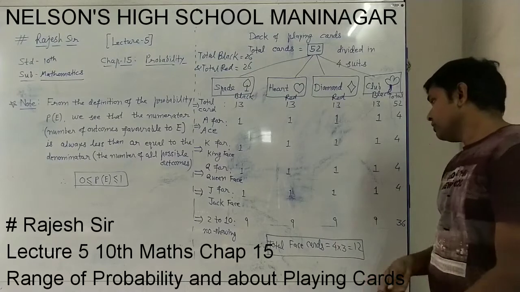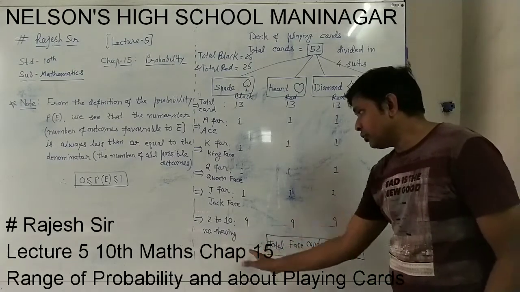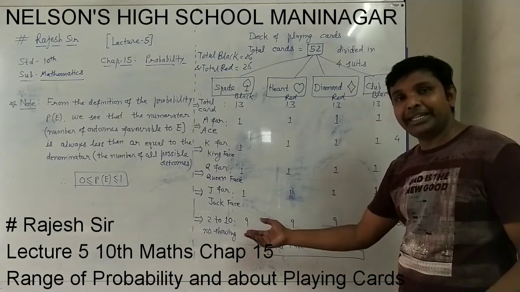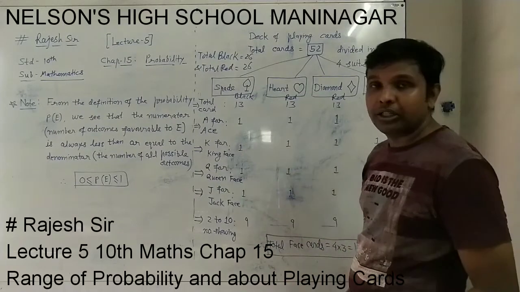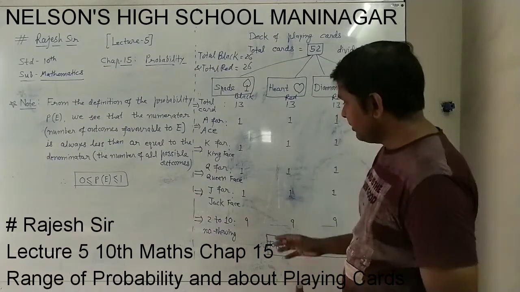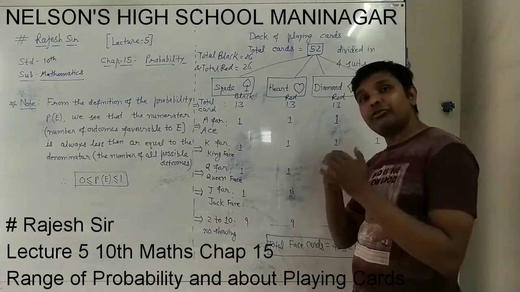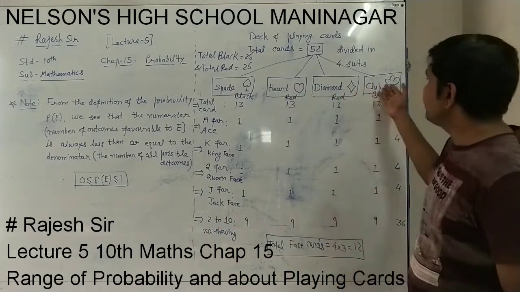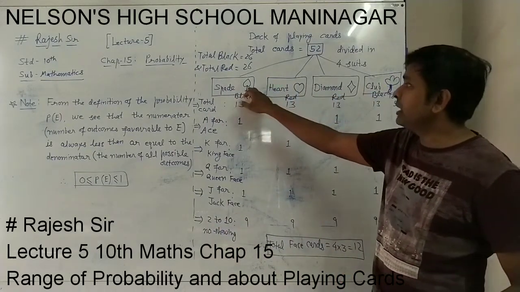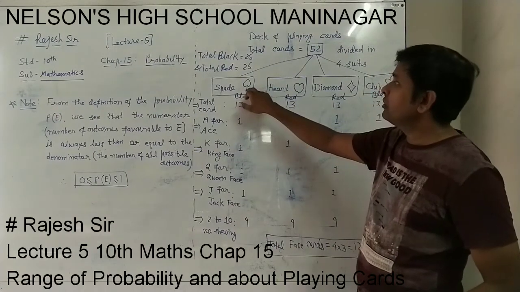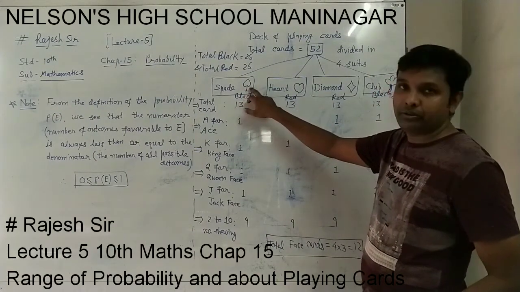So these show only numbers. They will not show any alphabet or any face. They will have the number and that number of signs. Like spade will have, if 2 is there, 2 signs of this spade sign will be.